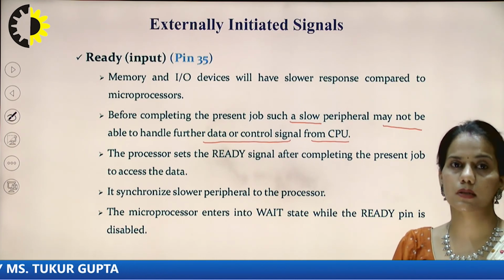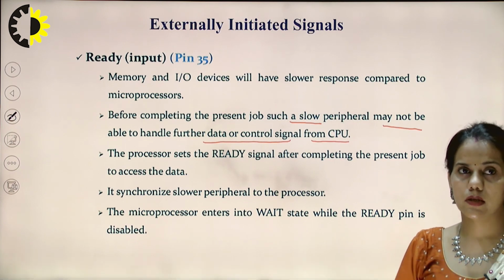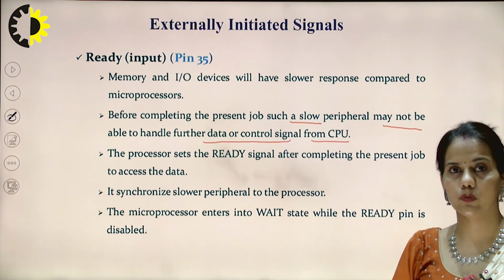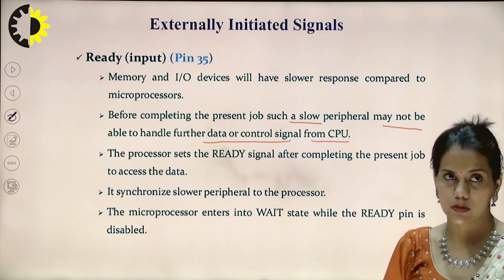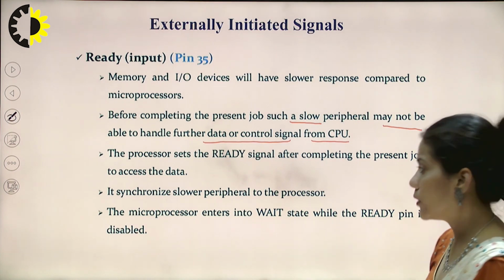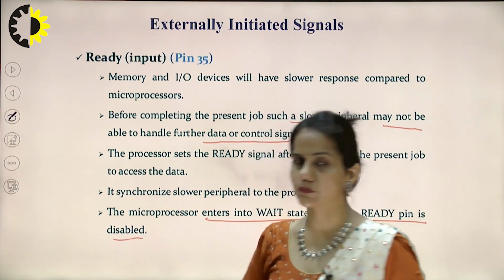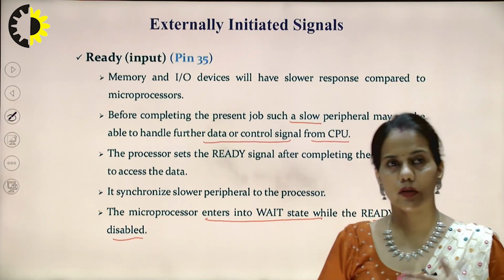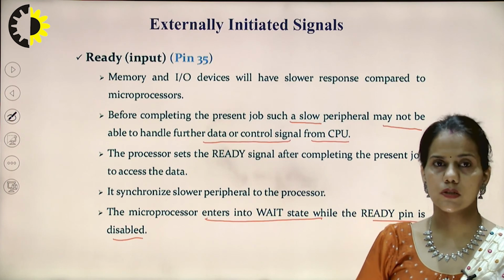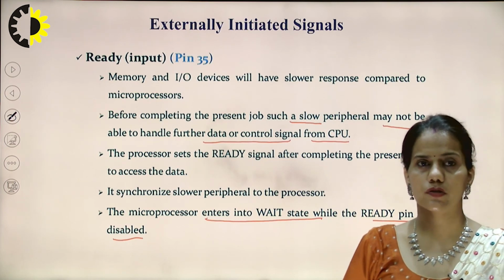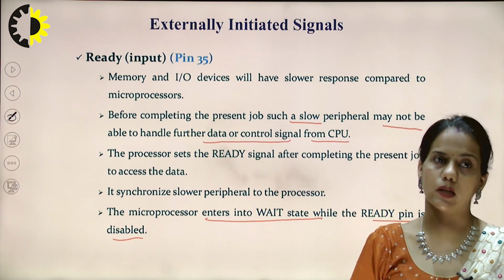A high signal on the ready pin indicates that the processor is ready to establish communication with the peripheral device, which is slower than the microprocessor. Then the microprocessor enters into a wait state while the ready pin is disabled. So basically the ready pin is used to synchronize the slow peripherals with the microprocessor so that data transfer between the slow peripheral and the microprocessor can take place smoothly.